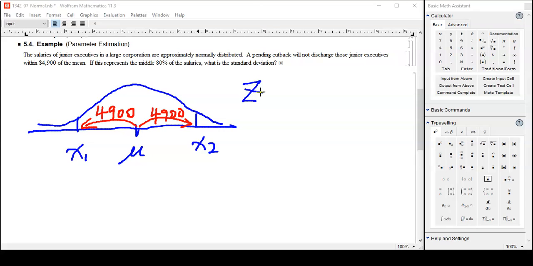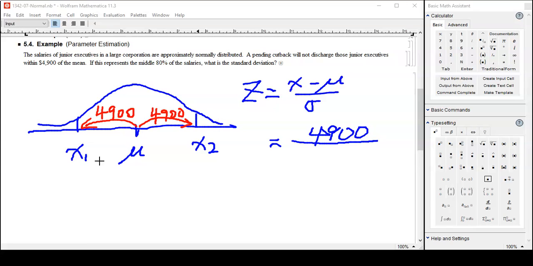So the z-score is x minus mu over sigma, right? I don't know what x is, I don't know what mu is, but I know x minus mu is 4,900, the difference.